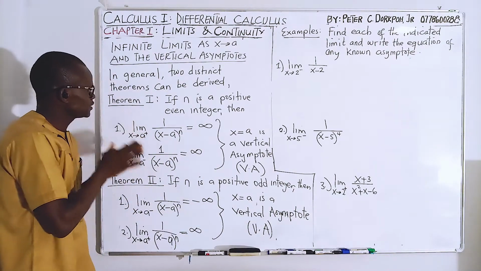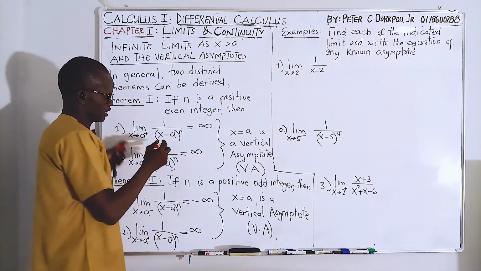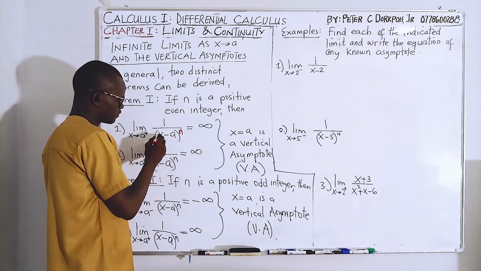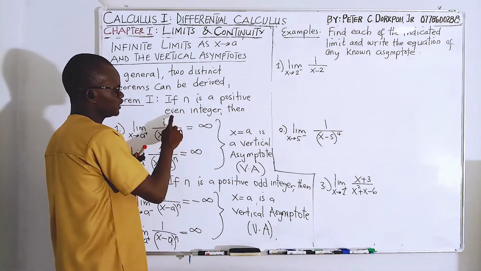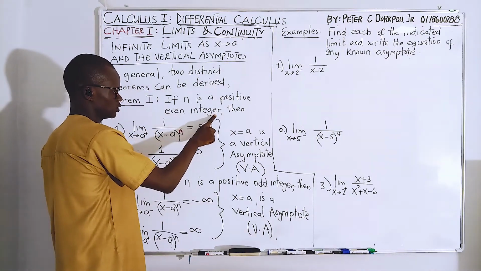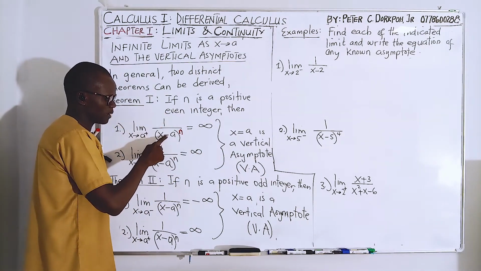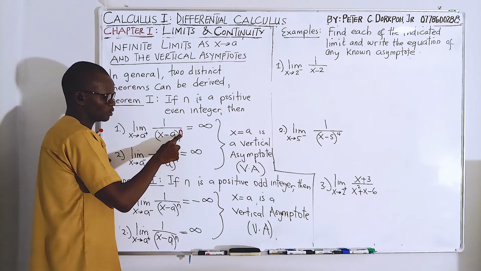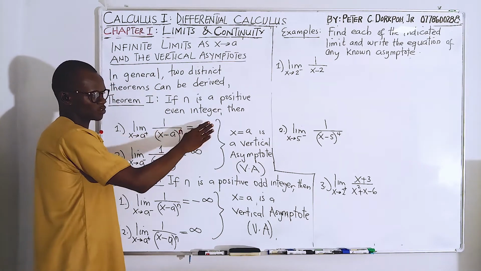The first theorem states that if n, that is to say, if the power of x minus a is a positive even integer, then the limit of 1 over x minus a all raised to the power n as x approaches a from the right is equal to positive infinity.